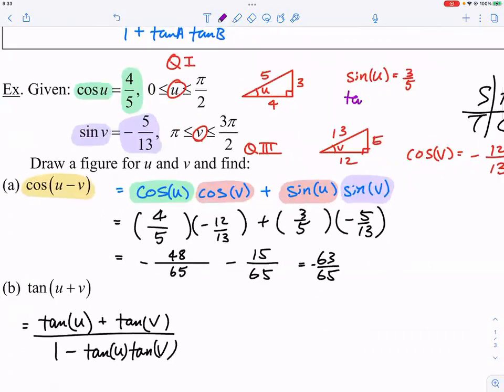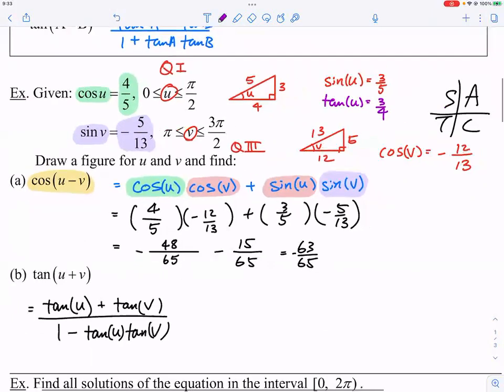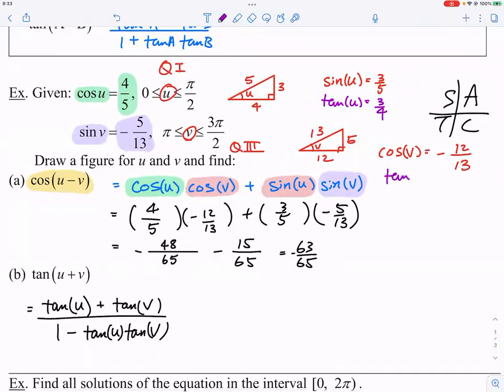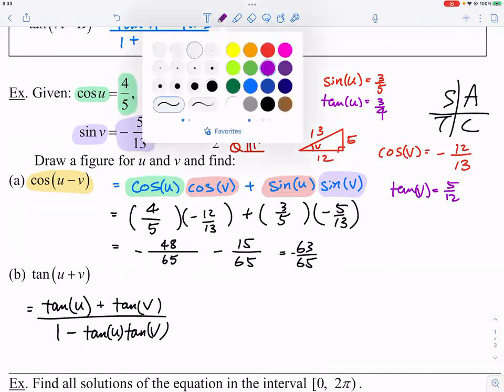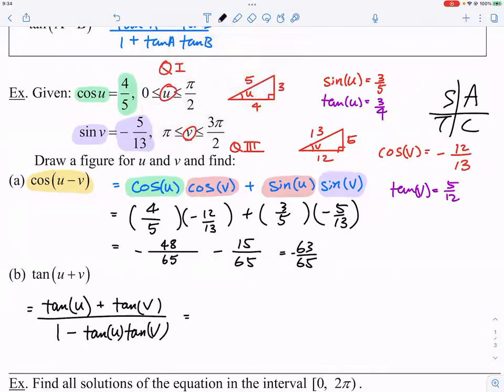So we say tangent U is 3/4, and tangent of V is 5/12. It's positive because it is in quadrant 3. Okay.